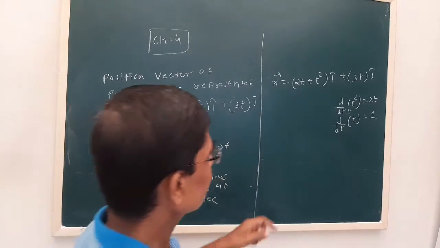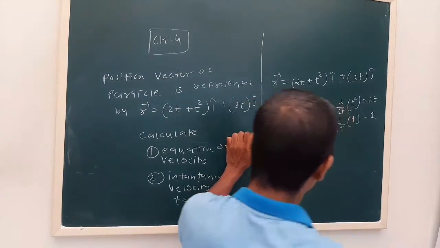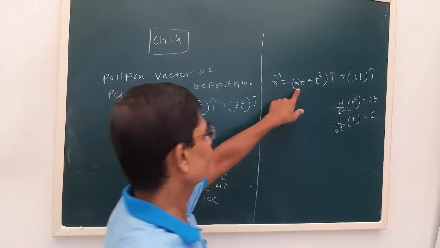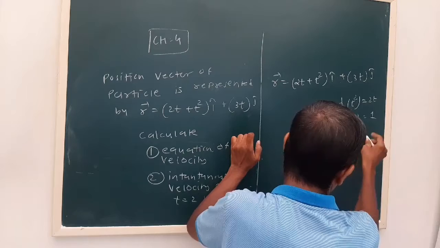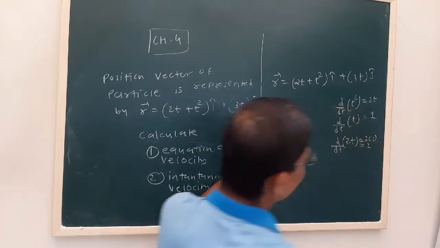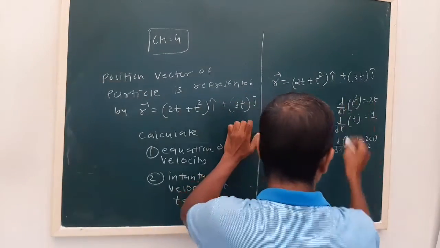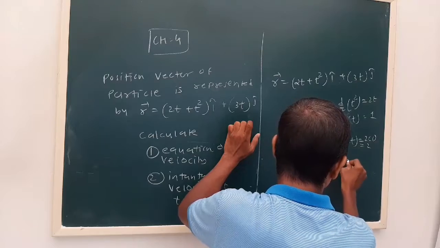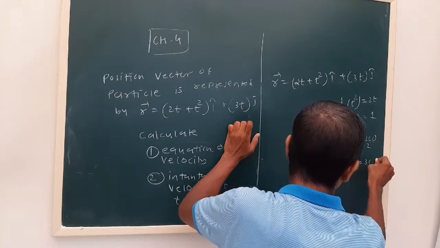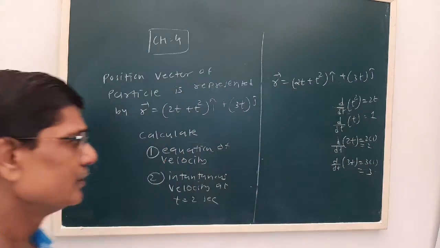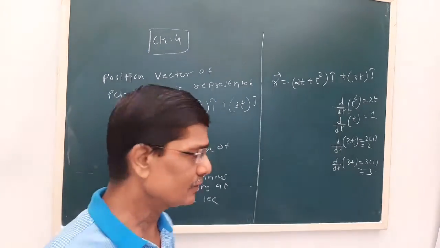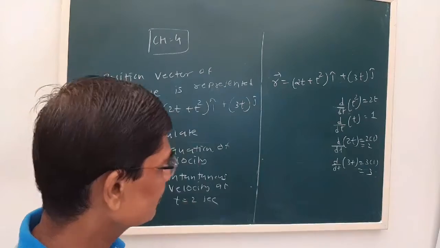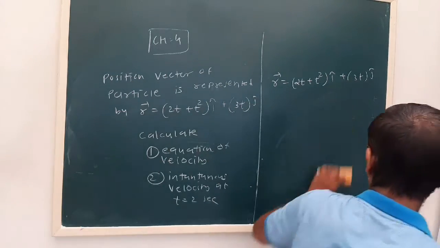Whenever there is a constant multiplier, for example d/dt of 2t, 2 is a constant and the derivative of t is 1, so it is 2. And d/dt of 3t is 3 into 1. This should be known to us, so you should practice derivatives a lot, because we use them in a number of lessons.